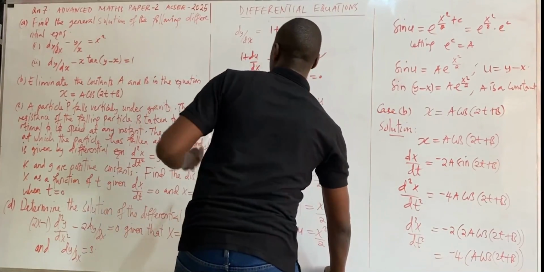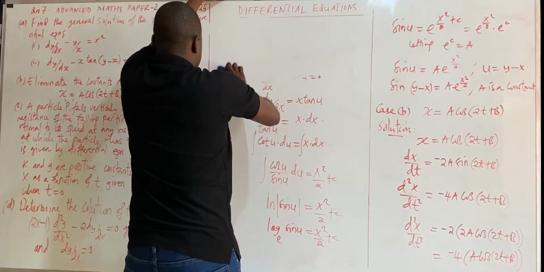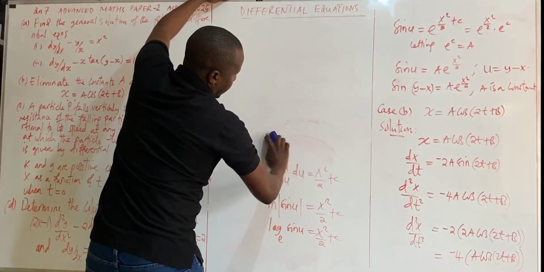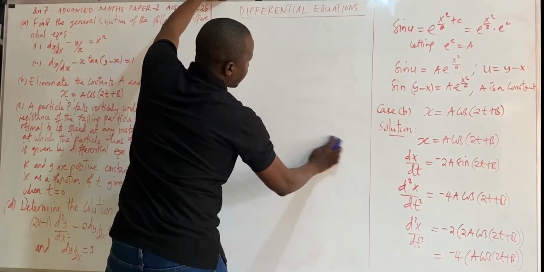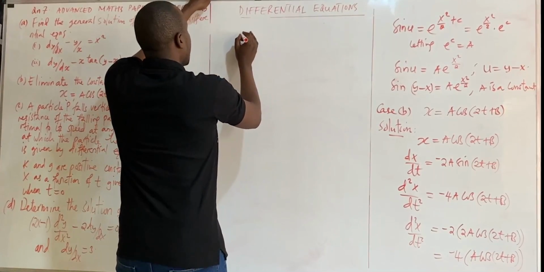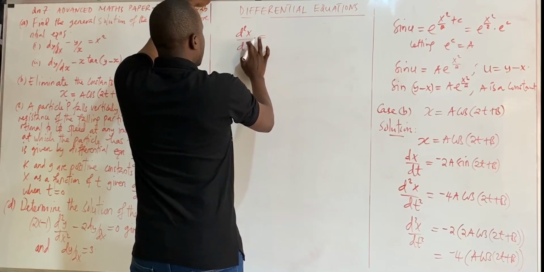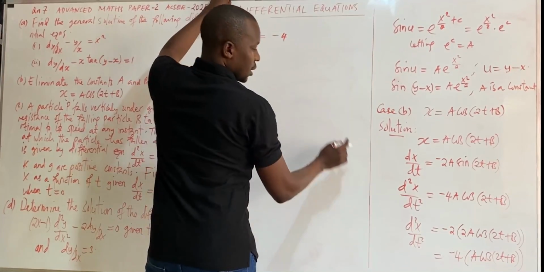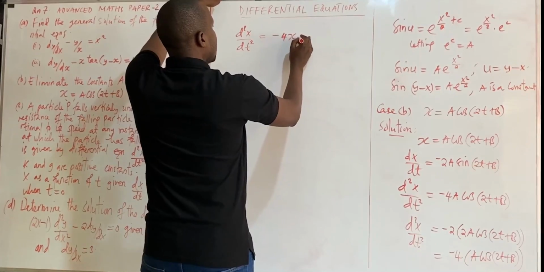If that is the case, then d squared x over dt squared equals negative 4 times a cosine of that angle, which is x. So here it will be negative 4x.